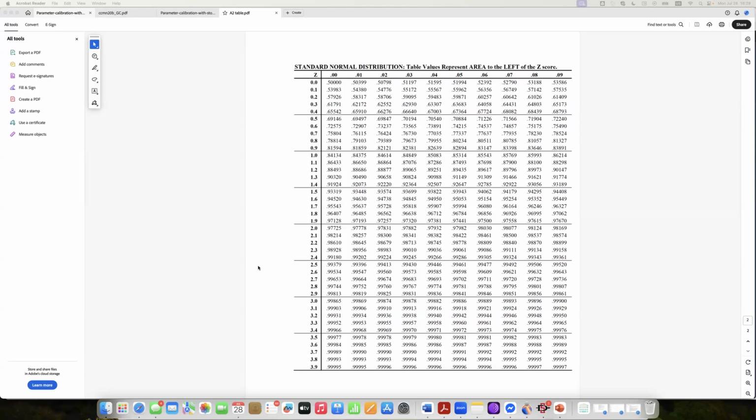Where is it? Right here. Can you see that? I'm gonna use the pencil. 0.975 right here. So it corresponds to this row and this column. The z score will be 1.9, and then right here we have 6, right? 1.96. Are we good? Okay, then I'm gonna go back to the notes, and then we can continue this example.